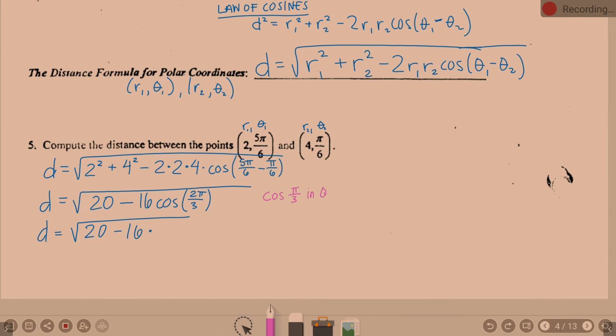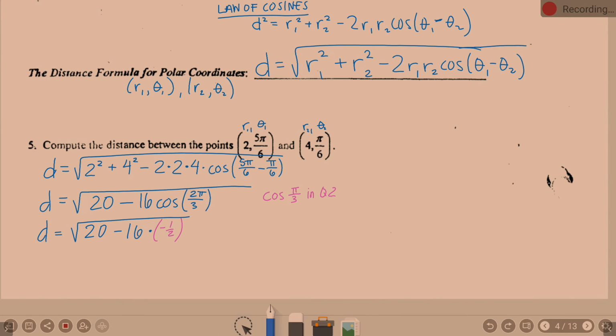Where is 2 pi over 3? Quadrant 2. So what is the cosine of pi over 3? 1/2. In quadrant 2 that makes it negative 1/2.